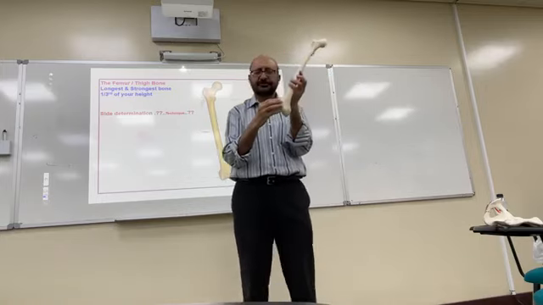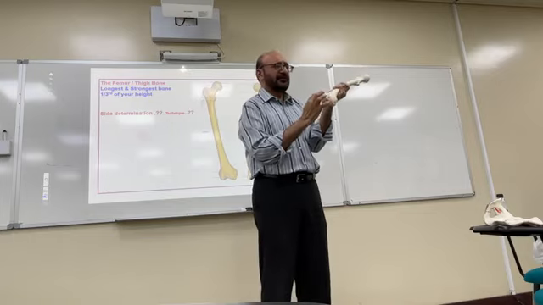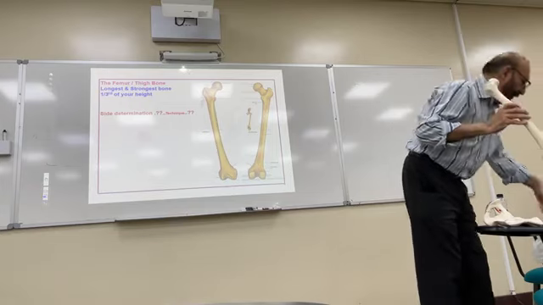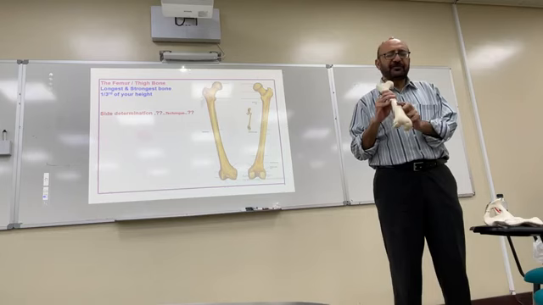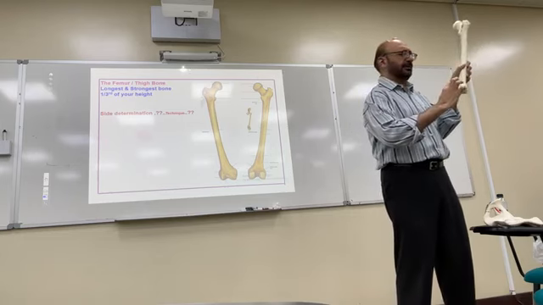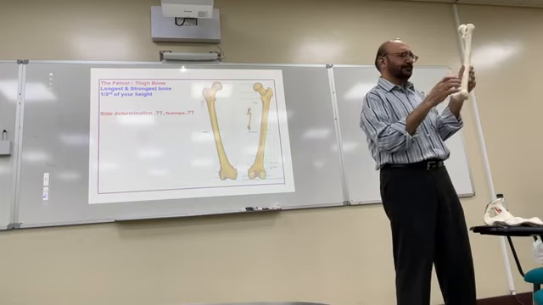Then we have a patellar surface here for the attachment of the patella. Then we have the intercondylar area and intercondylar line, which will separate it from the popliteal line.